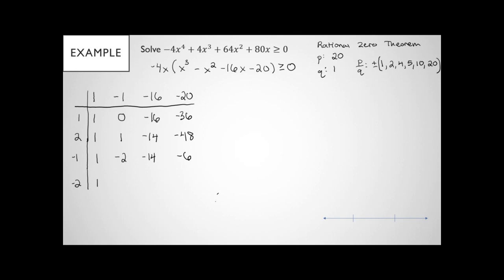So negative 2 times 1 is negative 2 minus 1, so that's negative 3. Negative 2 times negative 3 is a positive 6. 6 minus 16, negative 10. Negative 2 times negative 10, that's 20. 20 minus 20 is 0. Okay, so I found one of our zeros, which is negative 2.